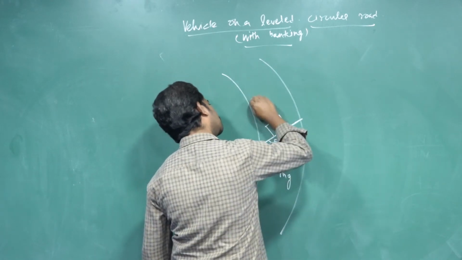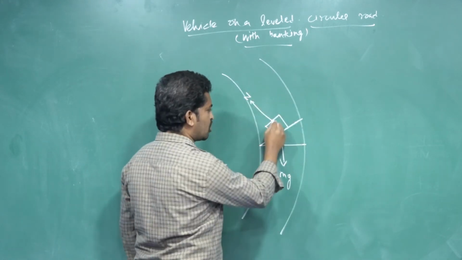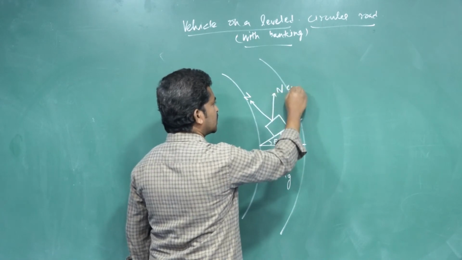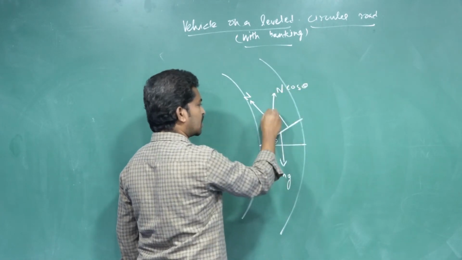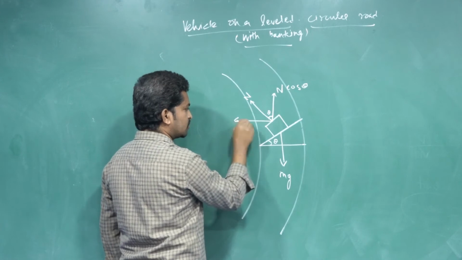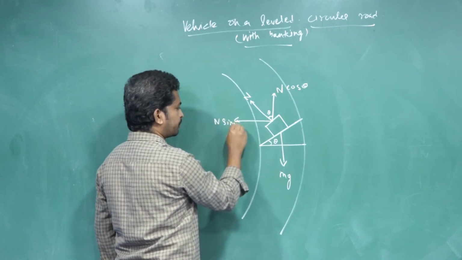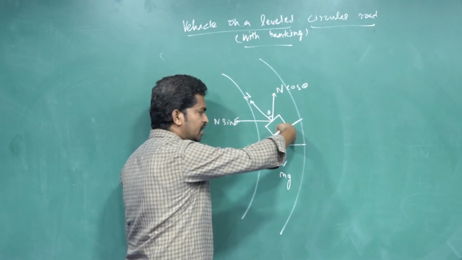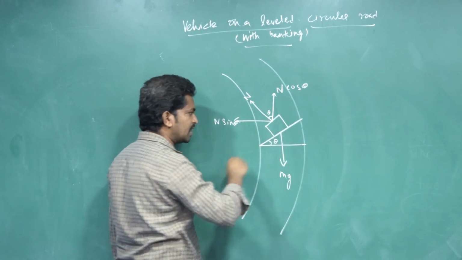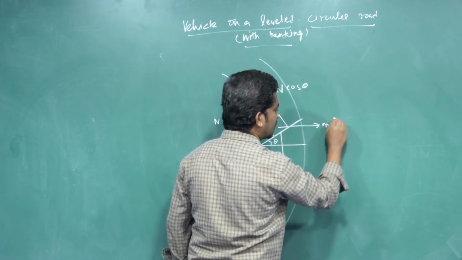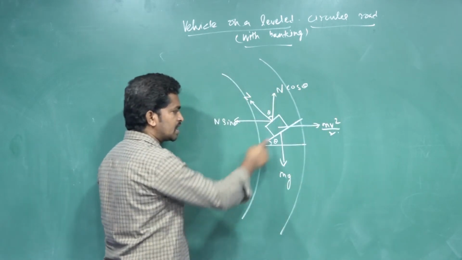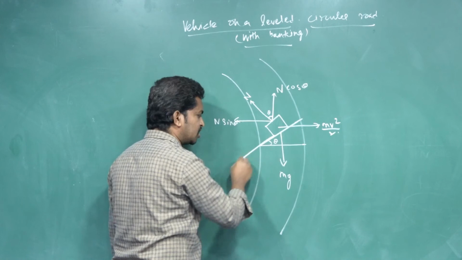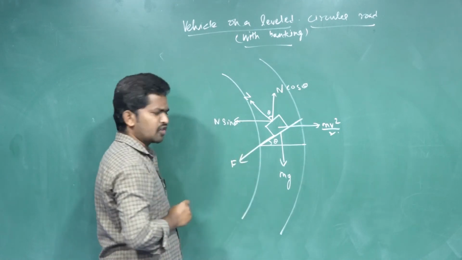This normal force is n, divided into two components: one is n cos theta, and this is also theta, so this is n sin theta. Here the object must be provided with frictional force. You know well, the centripetal force is m v square divided by r. Here the frictional force should act in this direction. This is the resultant frictional force.